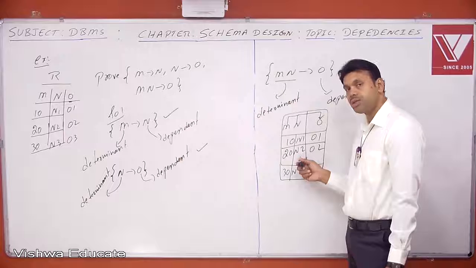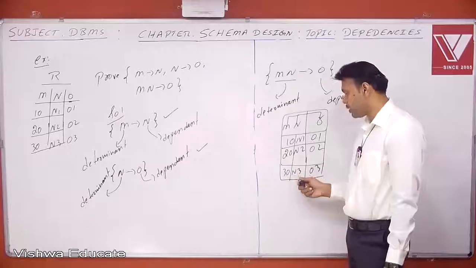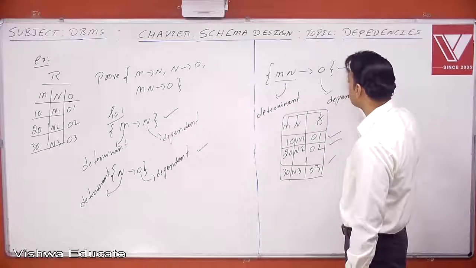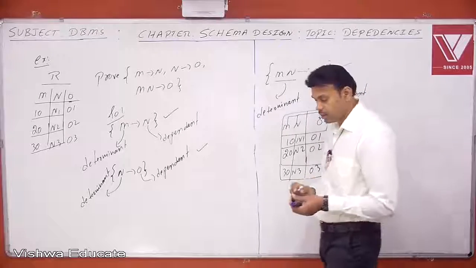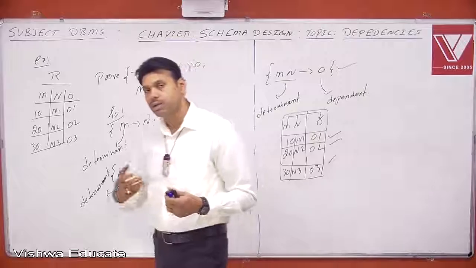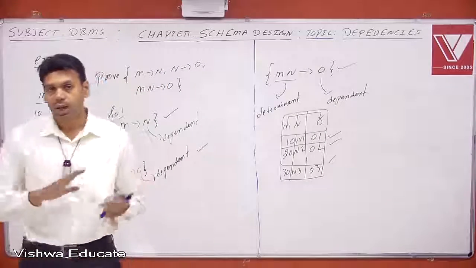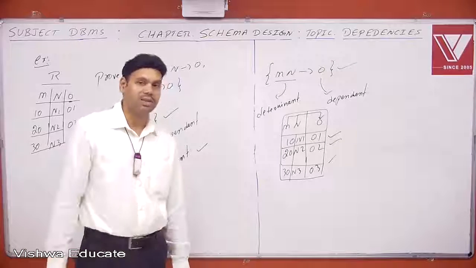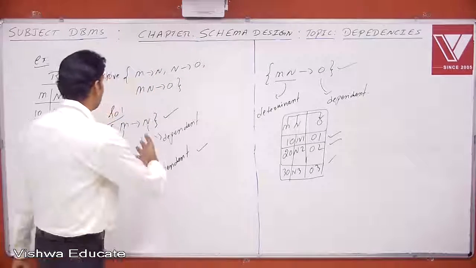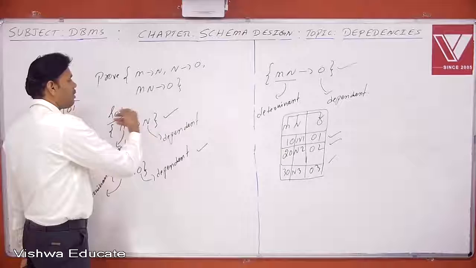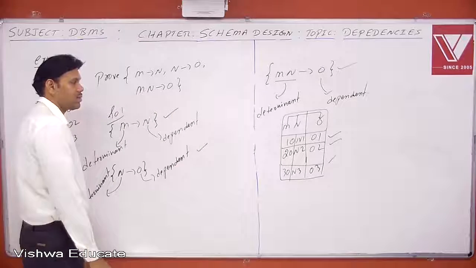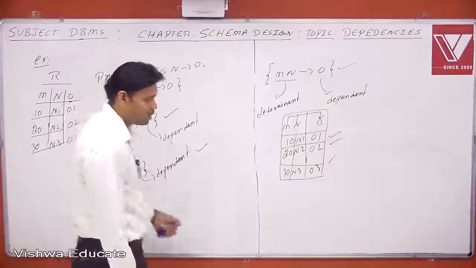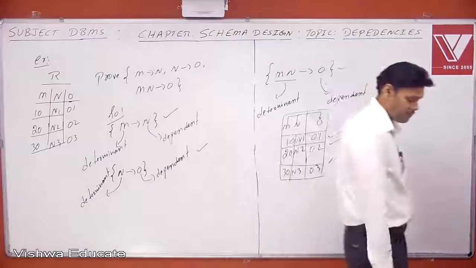So automatically it is also what? Satisfied. So whenever alpha or determinant is unique, then automatically the beta value is satisfied. So in this case, all three are satisfied as per the rules of functional dependency. Okay, get it copied.